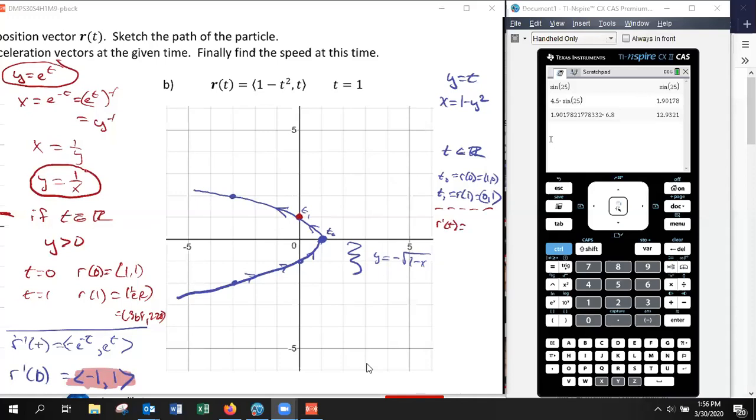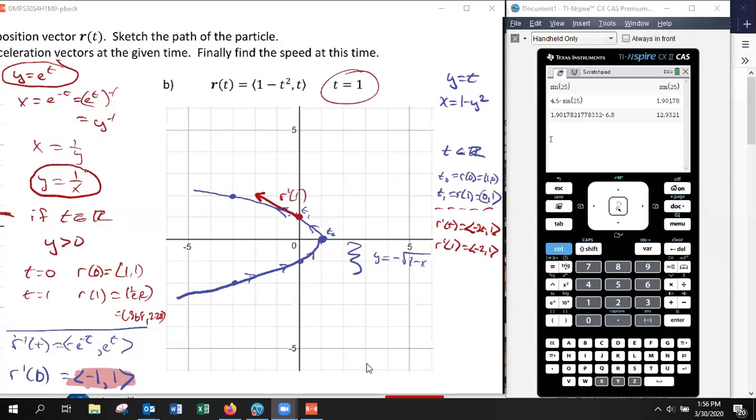R prime of t is going to be negative 2t comma 1, which gives us r prime of 1, since that's the time that I care about. R prime of 1 is negative 2 comma 1. So let's go ahead and draw that in. Horizontally negative 2, vertically 1.